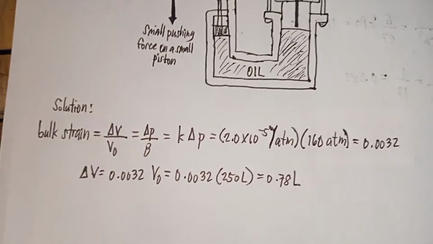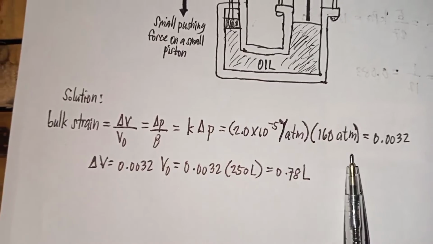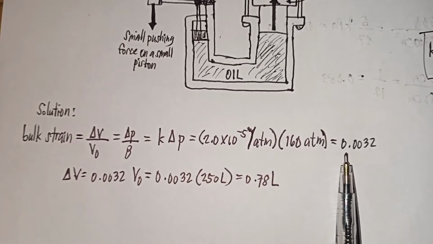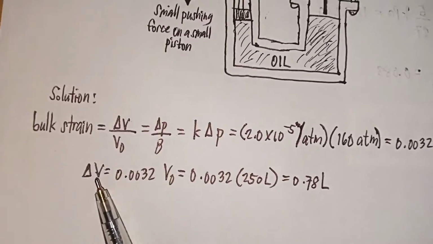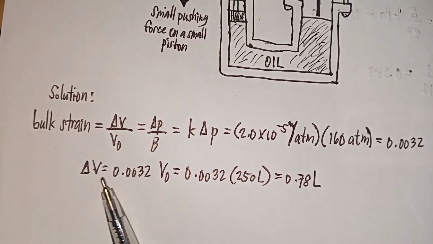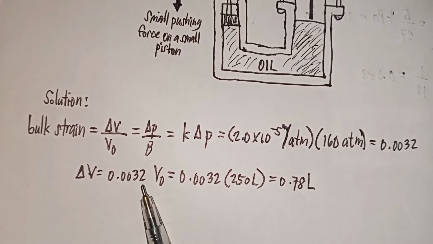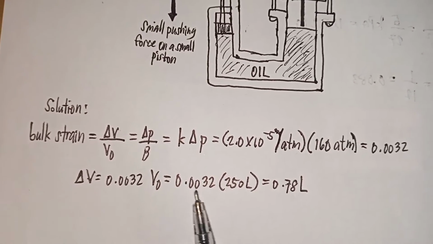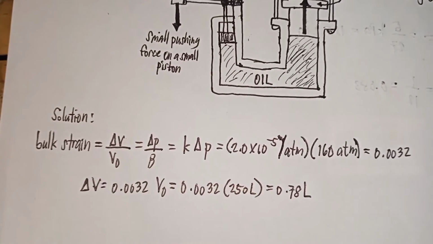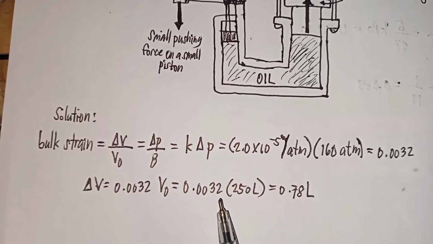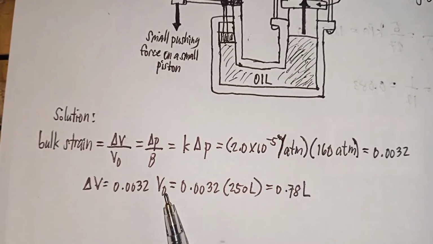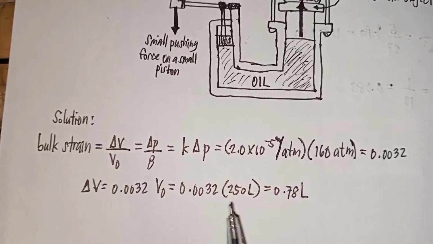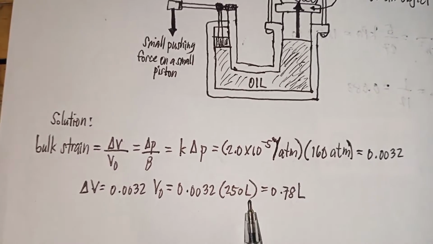Then substitute the values, and the result is 0.0032. So the value of delta V over the original V equals 0.0032. Since we identified the original volume, which is 250 liters, we multiply it by the result.